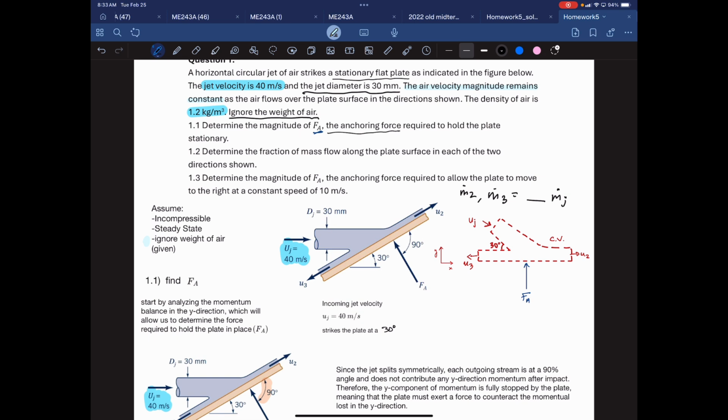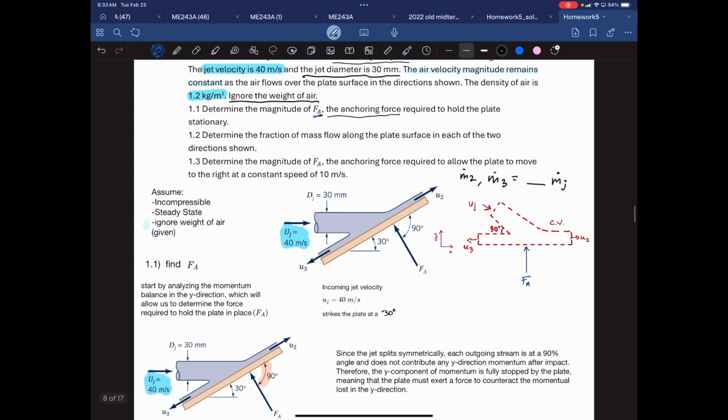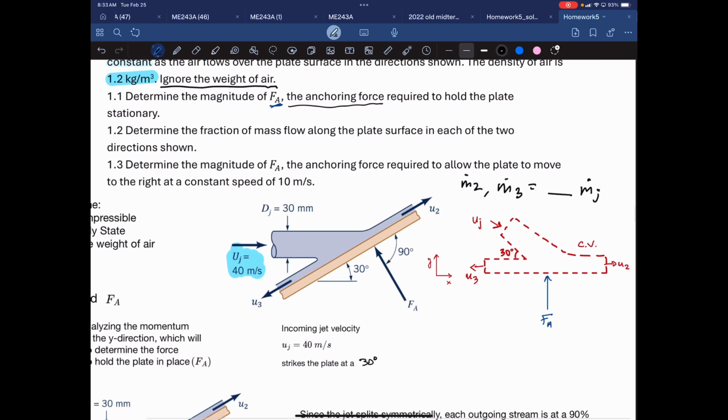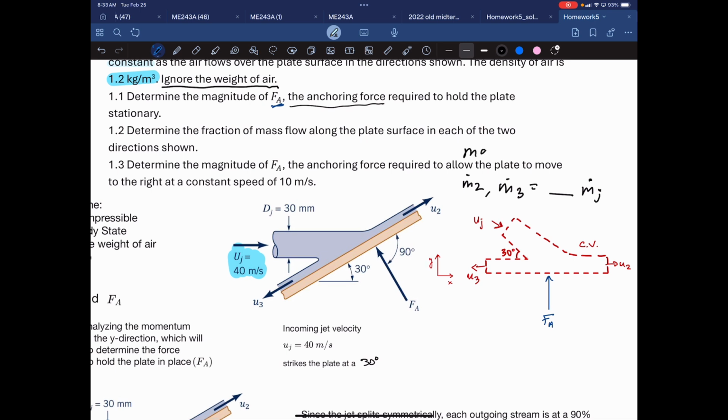That's a big tip. And then momentum conservation in the x direction. Then use the mass conservation concept to set up your equation, which is kind of what I gave.